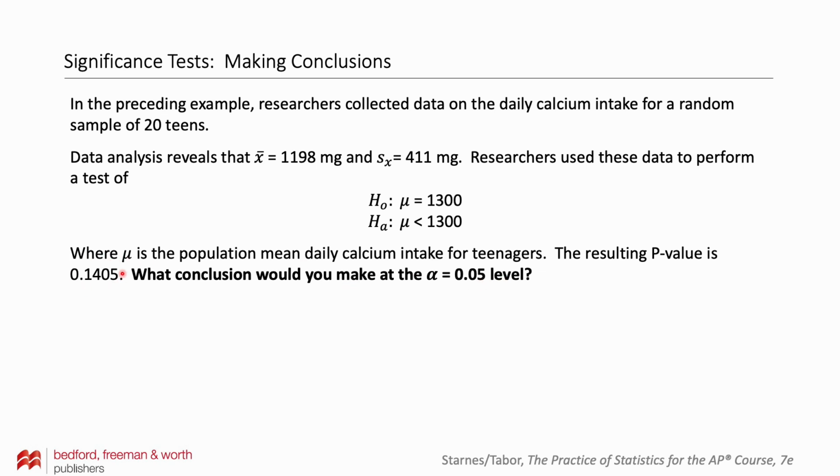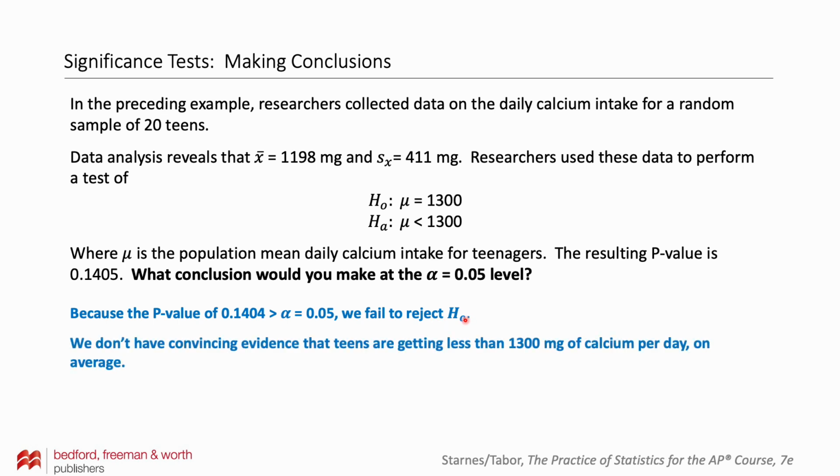Notice that this value is larger than our alpha. Because it is larger, we're going to fail to reject. There are always two pieces to this. You want to say because the p-value is 0.1405, which is greater than our alpha, which equals 0.05, we fail to reject the null.